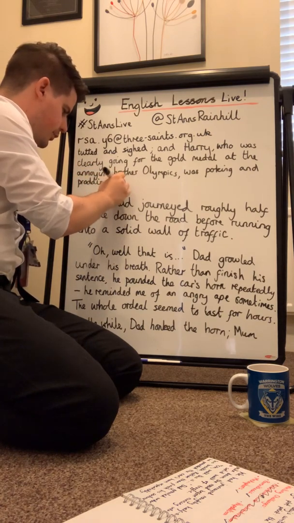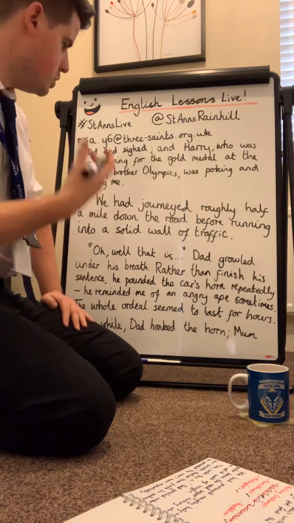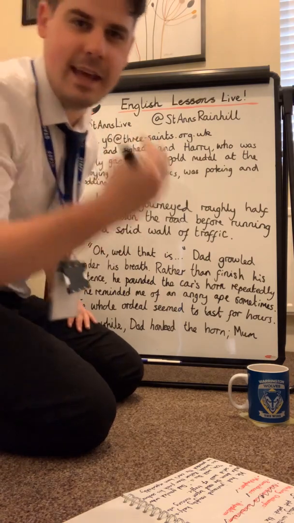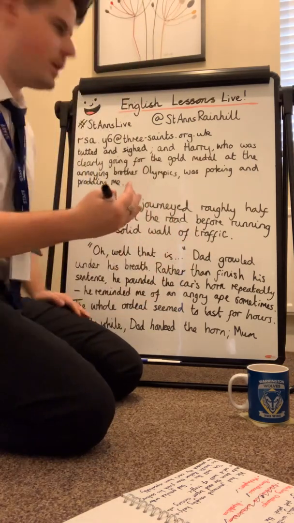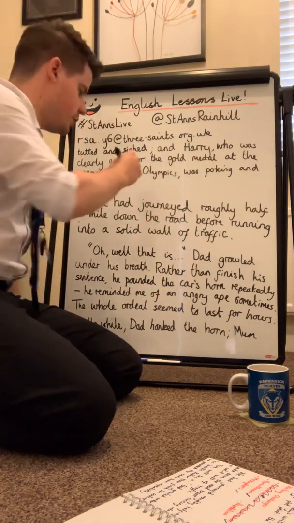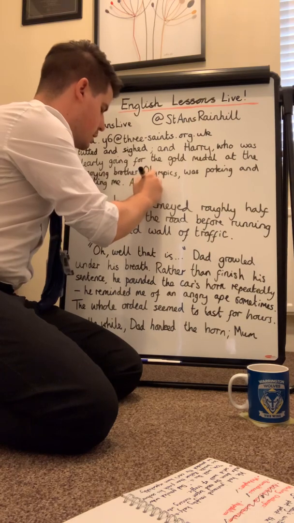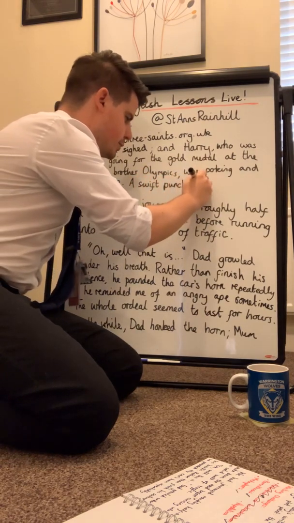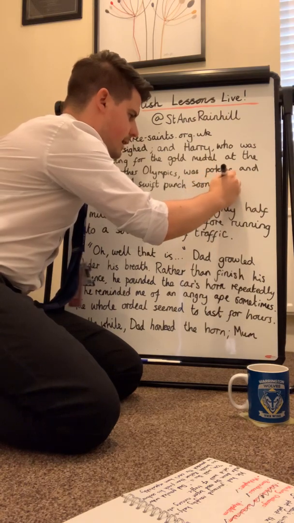Now, I've got quite a few long sentences, so when I have my main character hitting Harry back, I don't want to drag it out. It's just something like, a swift punch soon ended that.